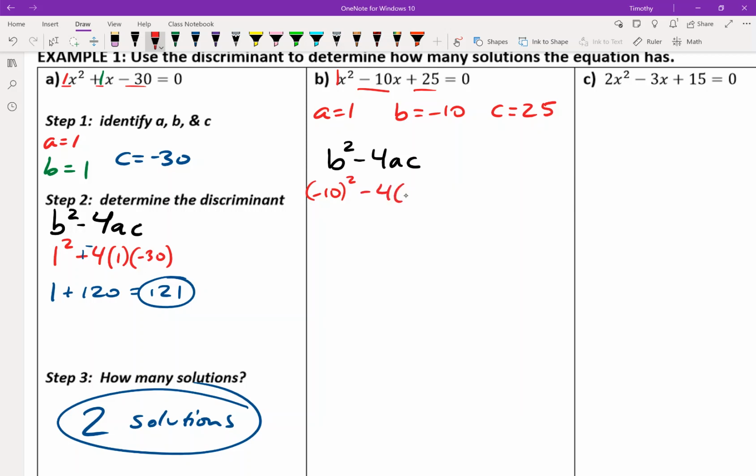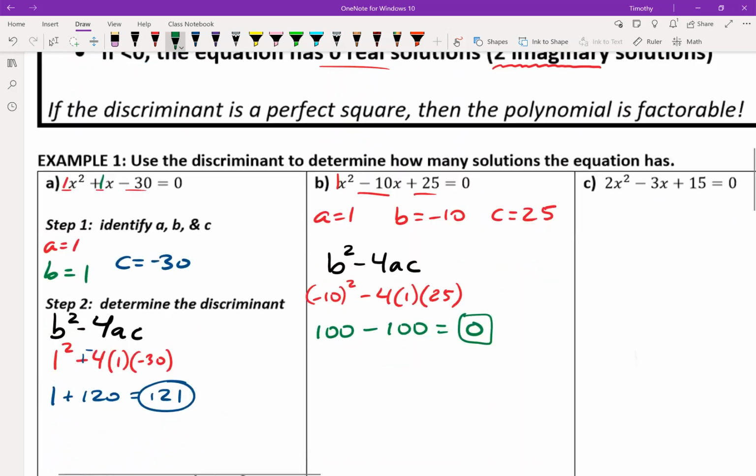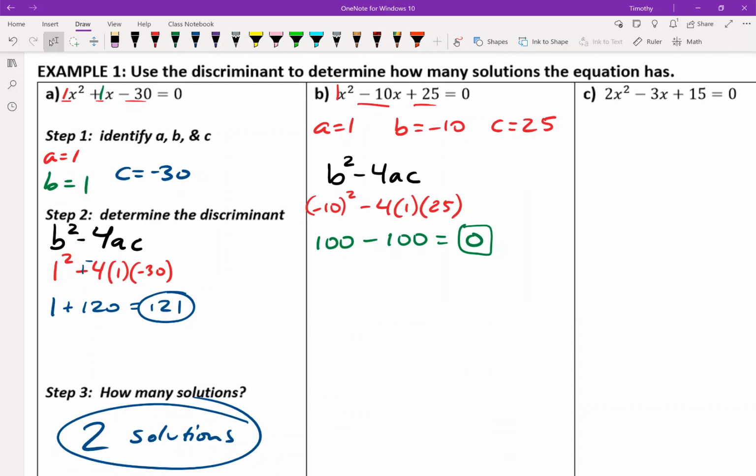Minus 4 times 1, which is a, and then times 25, which is c. So we end up here with negative 10 squared is 100, minus 4 times 1 times 25 is also 100, which equals 0. And again, from above, if the discriminant equals 0, the equation has one real solution.